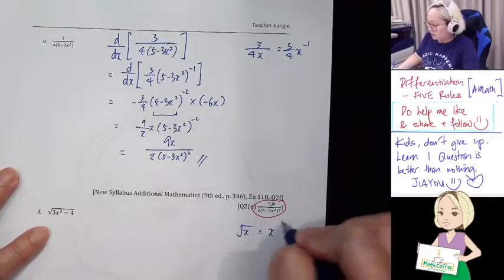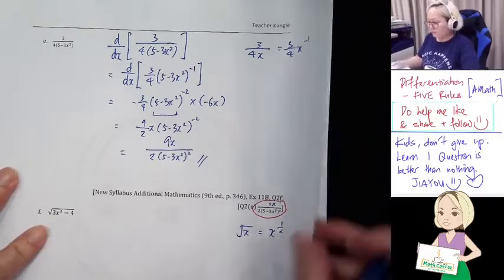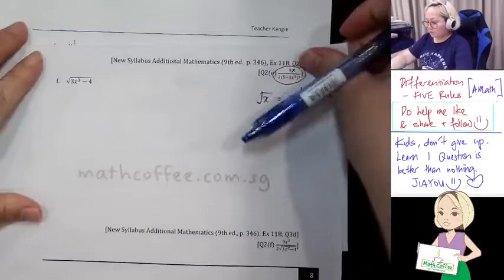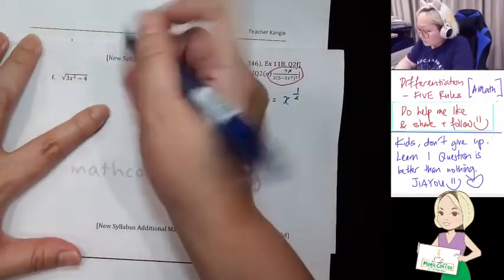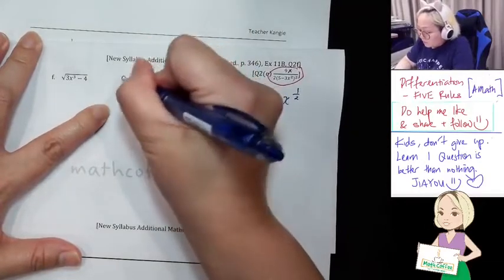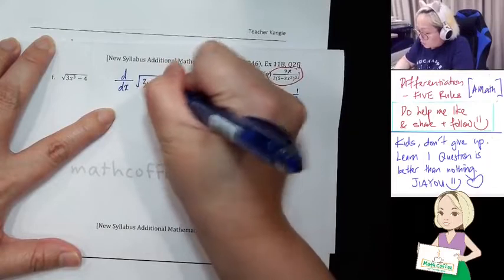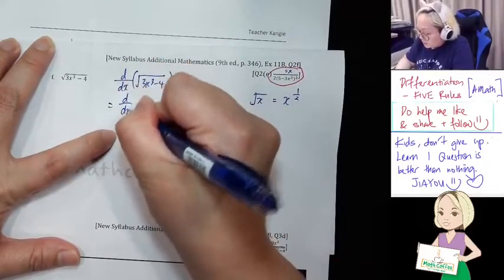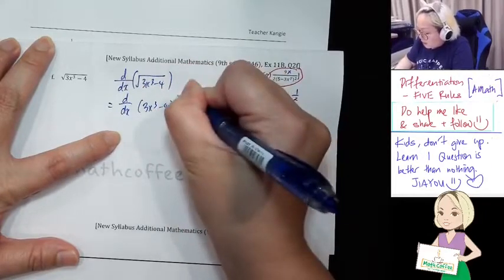So likewise for this, I'm going to differentiate square root of 3x cubed minus 4. I will change this to differentiate 3x cubed minus 4 to the power of half.